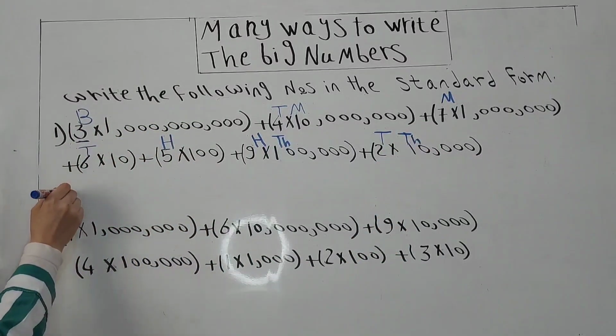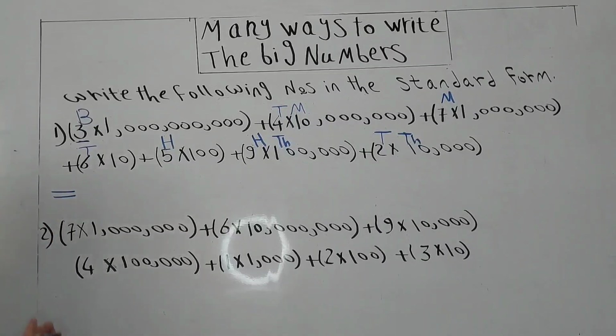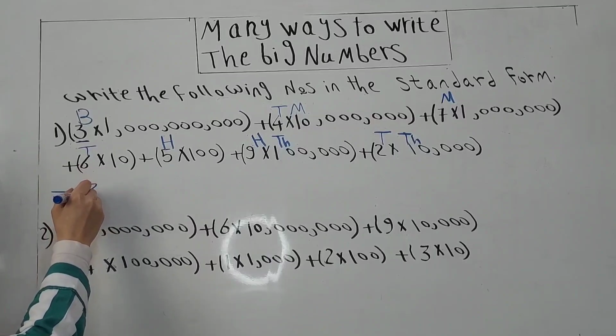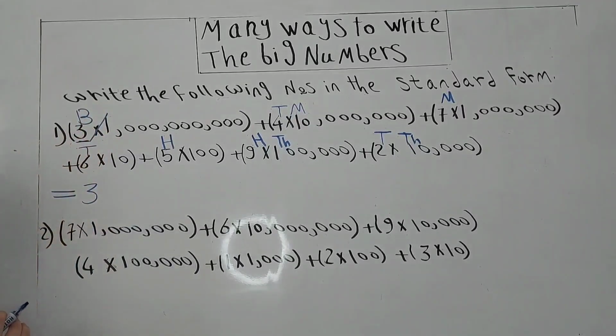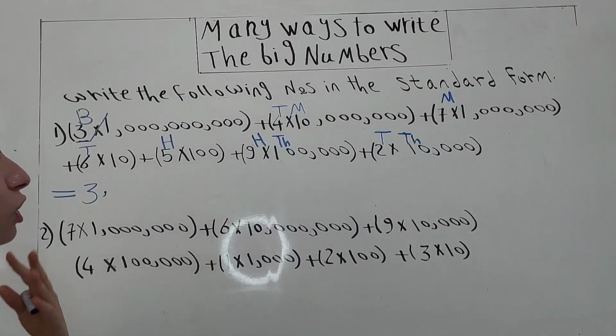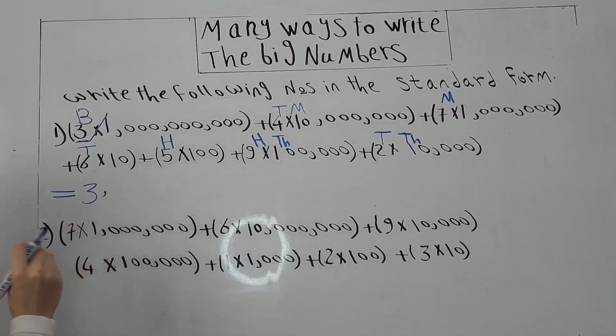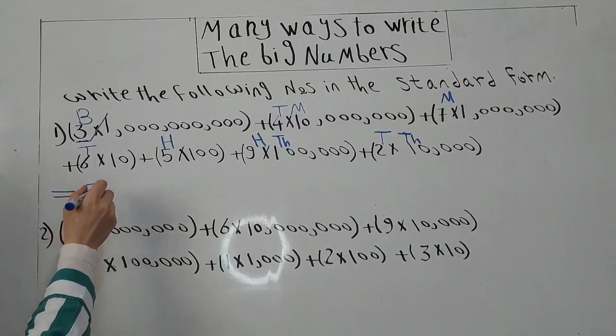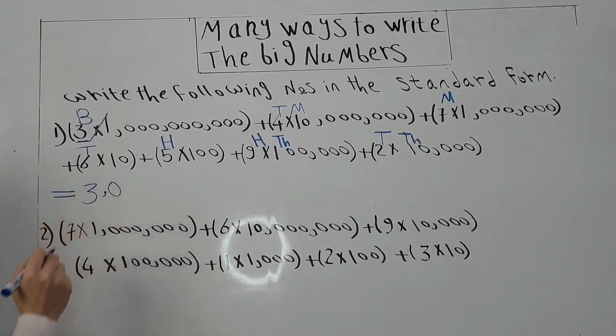Now we start from the left and write the digit in the highest place, which is 3. We finish this family. We make commas. The next highest place is 100 million, but we don't have any digit in this place, so we hold this place with 0.